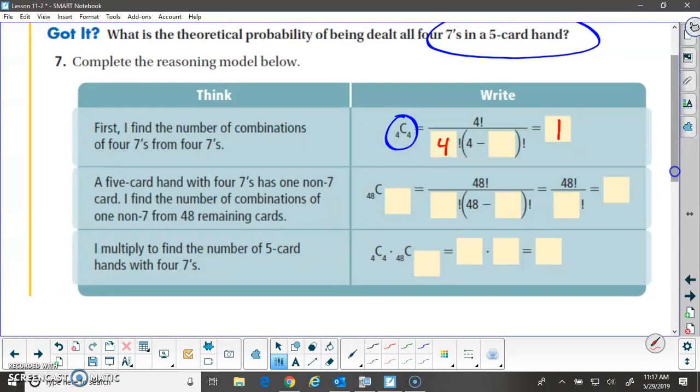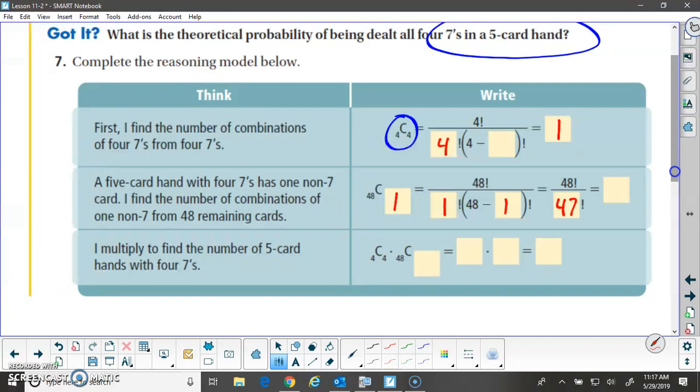Makes sense, doesn't it? Next, we go on to do the number of combinations of getting one non-7 card from the 48 remaining. So we're doing 48 nCr 1. And so fill in with ones there. That gives us a 47 factorial on the bottom.